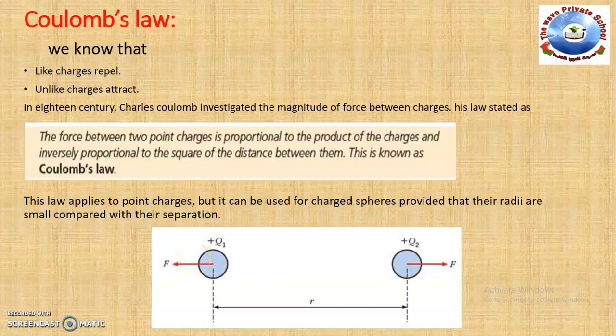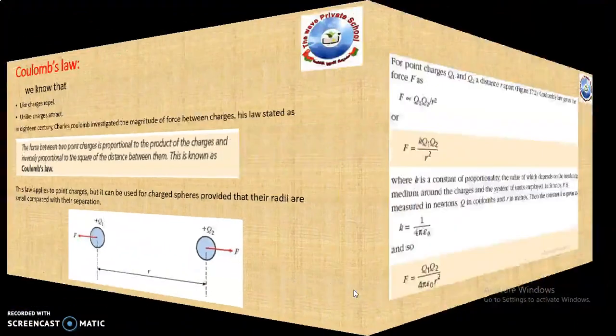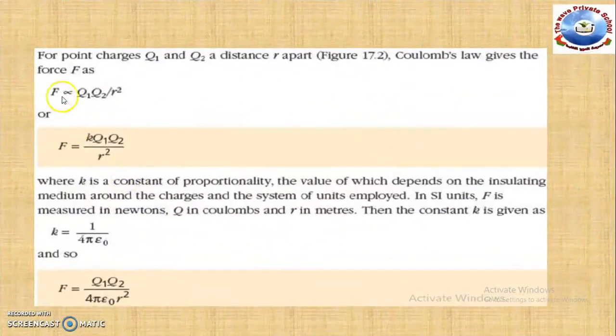So we can say that force between two charges is proportional to the product of these charges. Product means if they are multiplied to each other. And r is the distance between these two charges. So we can say that F is directly proportional to Q1 Q2 over r square.